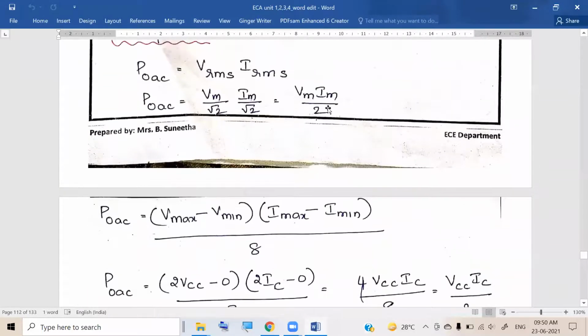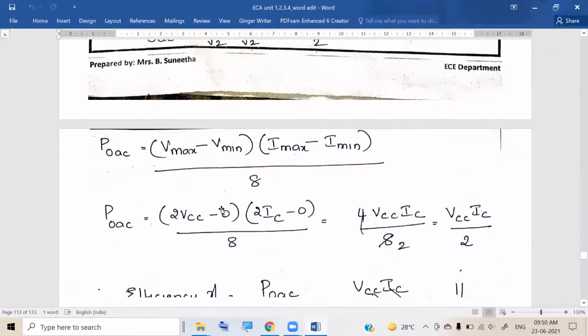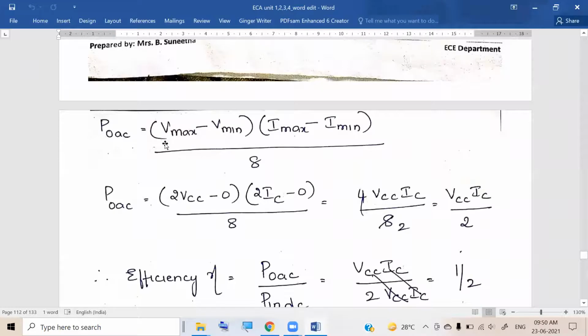Vm is nothing but Vmax minus Vmin by 2, and Im is nothing but Imax minus Imin by 2. So 2 here, another 2 here, another 2 here, we have 8. So P naught AC will be (Vmax minus Vmin) into (Imax minus Imin) by 8.